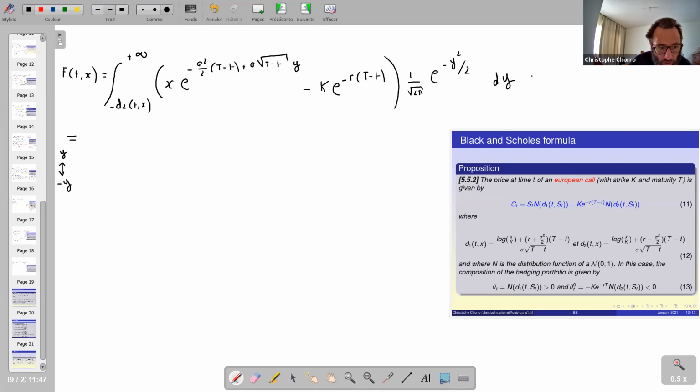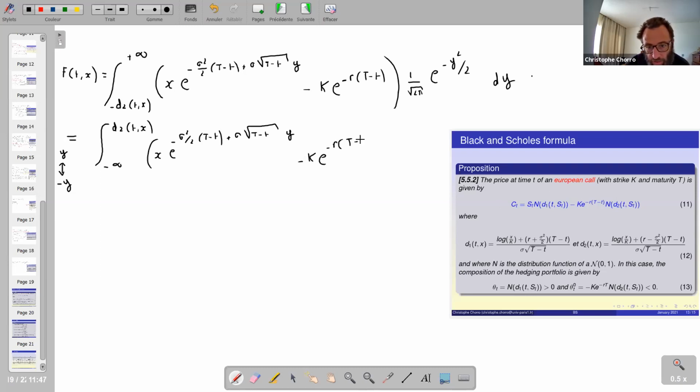If I do this, it's the integral from minus infinity to d2(t,x) of two terms: x exponential minus sigma square over 2 (capital T minus t) plus sigma square root of capital T minus t y, minus k exponential minus r (capital T minus t), multiplied by the density of the N(0,1).